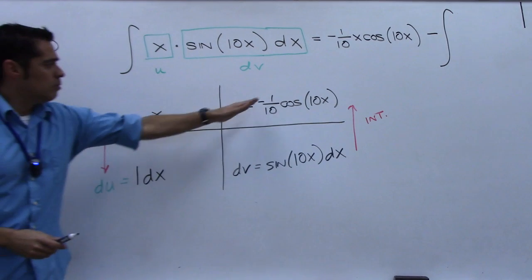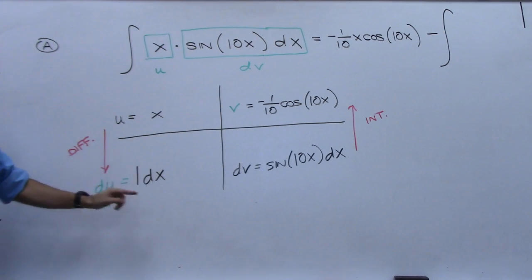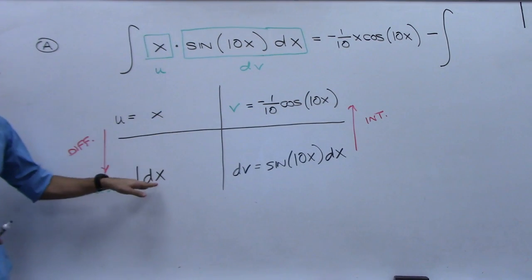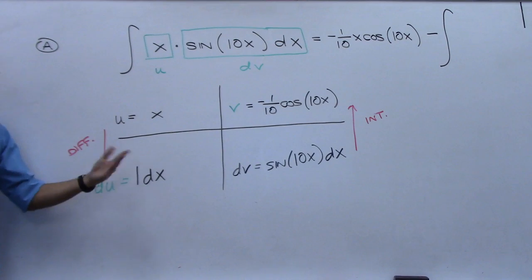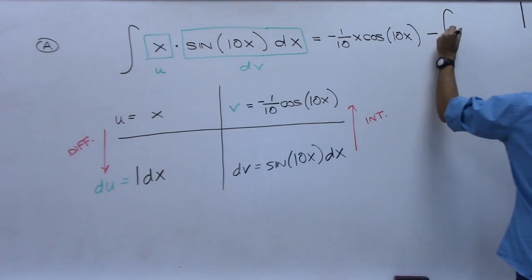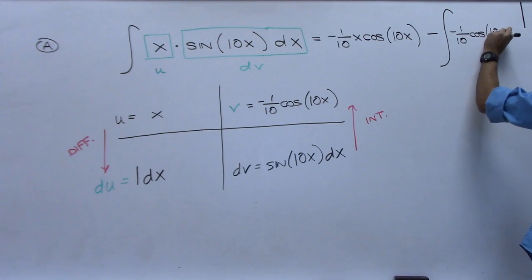So now we're looking at multiplying diagonally, here to here. So what's negative 1/10 cosine 10x times dx? Just that dx, right? So it's negative 1/10 cosine 10x dx.